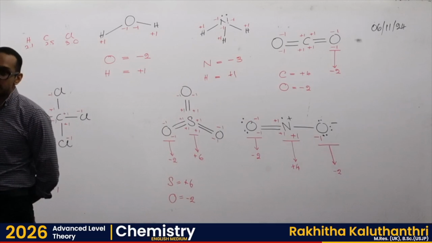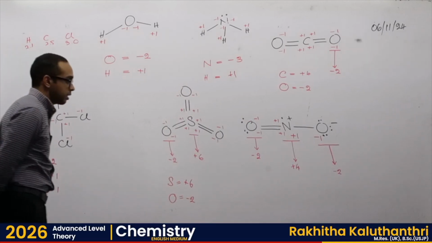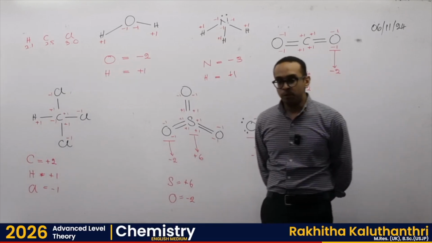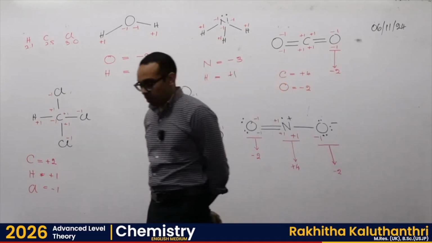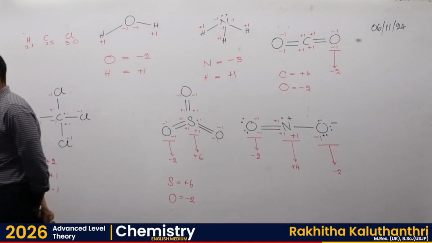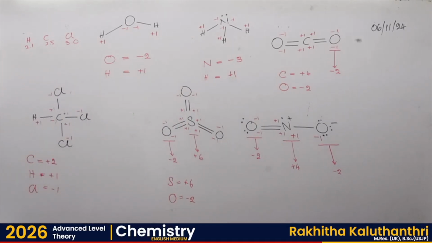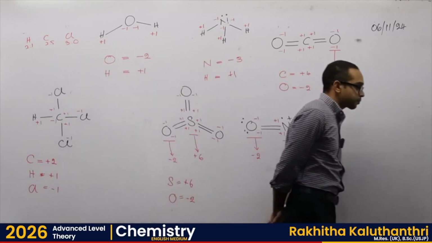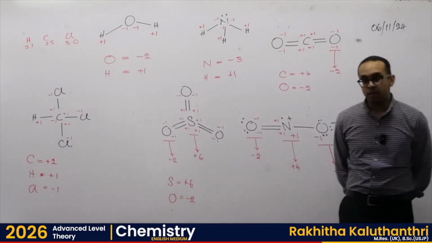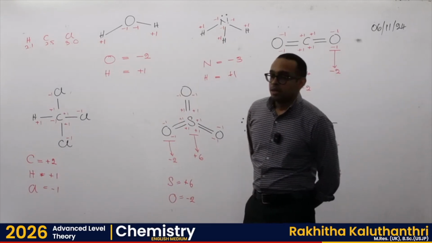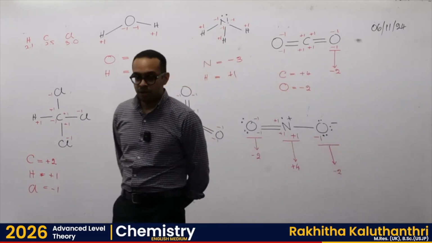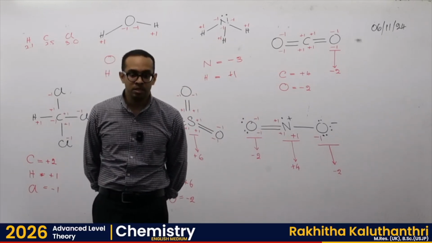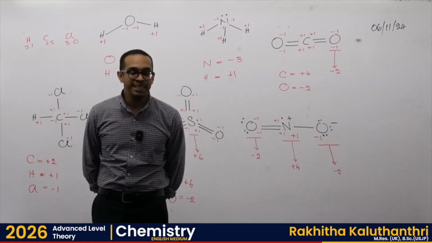Draw the Lewis structures of the following polyatomic ions, and write the oxidation numbers of each atom.